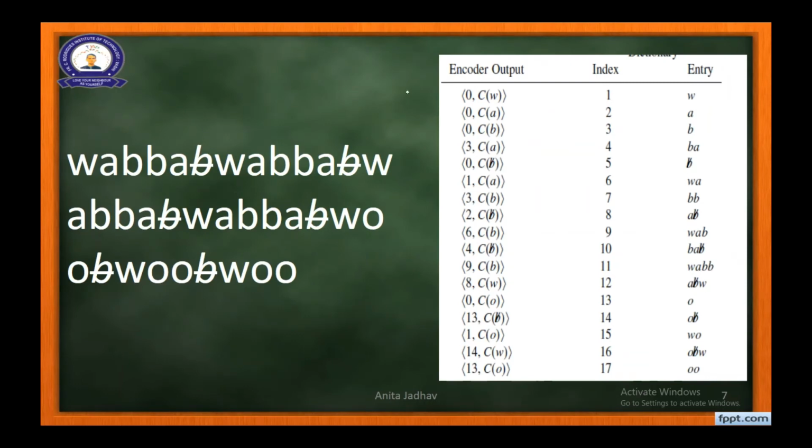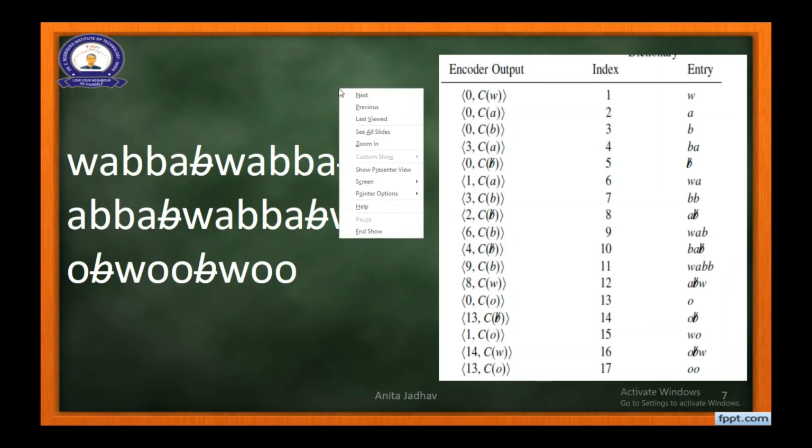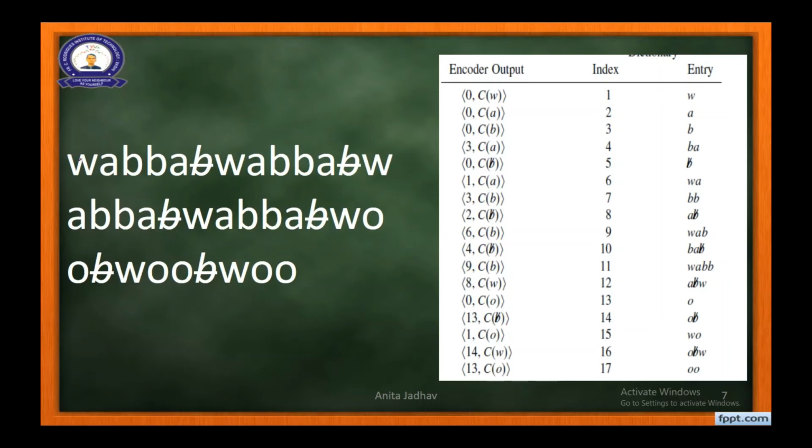So now, all of you, I want you to concentrate here because we will be solving this entire example. So I have W. We check for W, it is not there, so it becomes index 1 and you send 0 and the code word for W. So you have done this part.